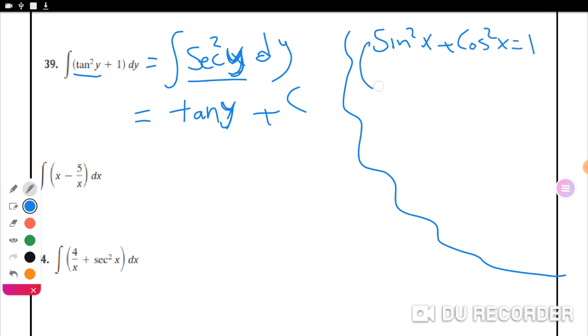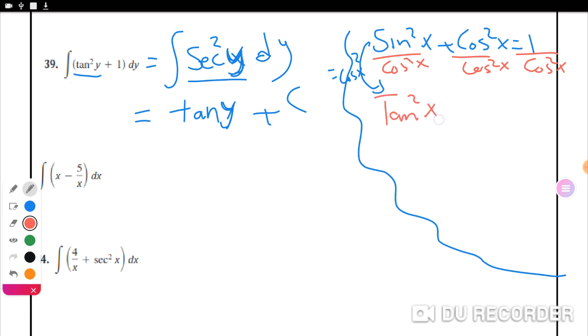If we divide by cosine square x, sine square over cosine square, as you know, it will be tan square x. Cosine square over cosine square is 1, and 1 over cosine square will be secant square x.